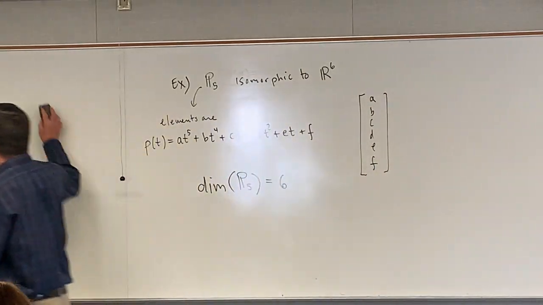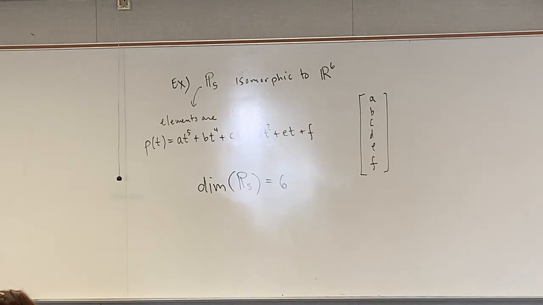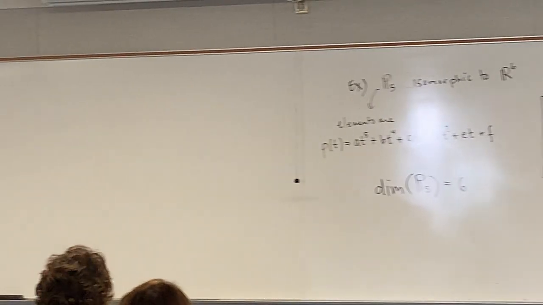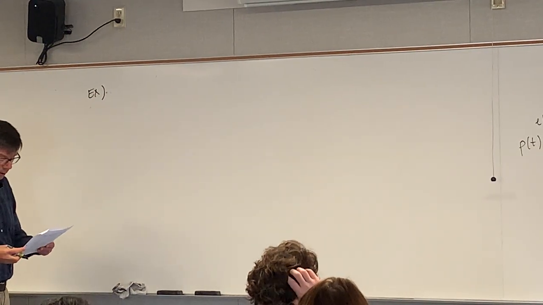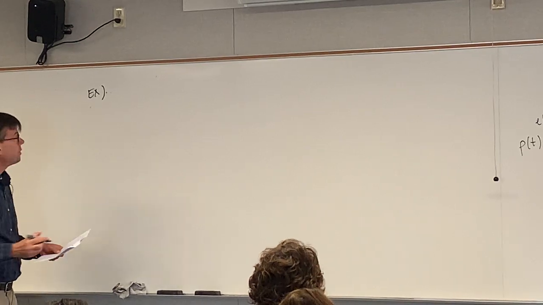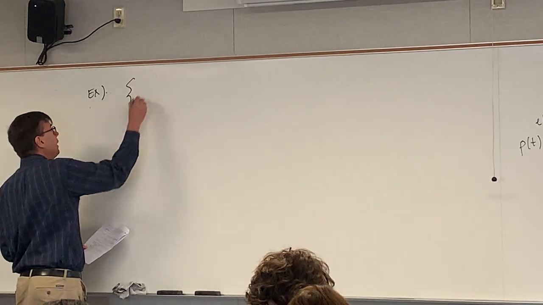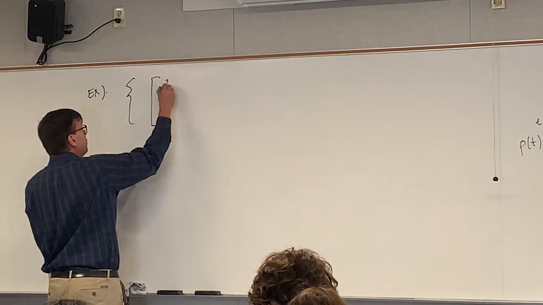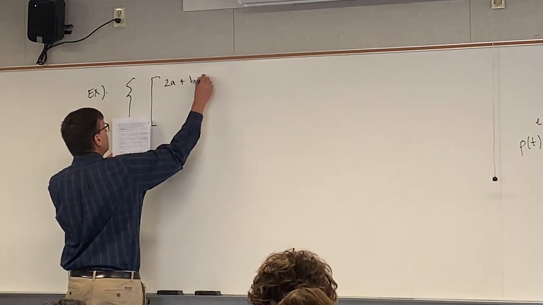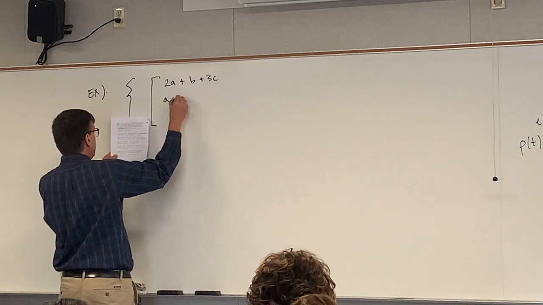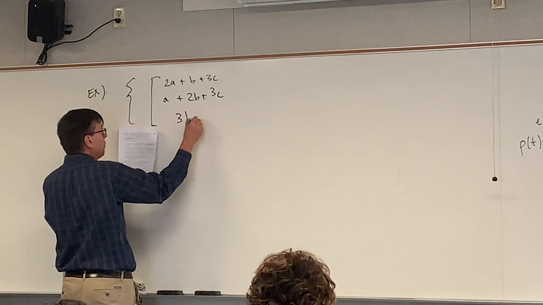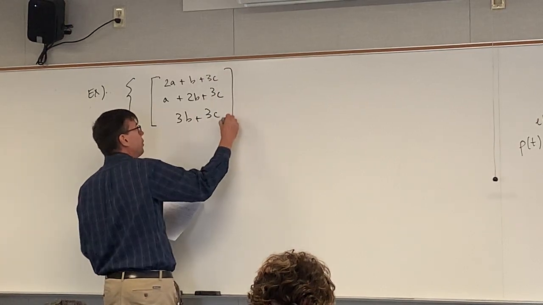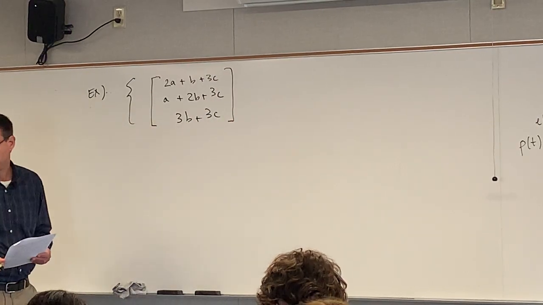All right, let's do an exercise now. And this is a good little one for us to do together. So find a basis and state the dimension of the following vector subspace of R3. So we're looking at this guy: the vectors (2a plus b plus 3c, a plus 2b plus 3c, 3b plus 3c). So we're looking at 3-component column vectors.